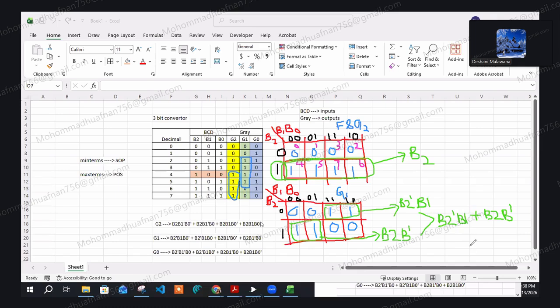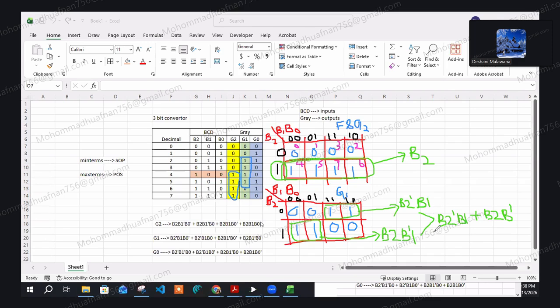Okay, one, not the dash. So B2 dash B1 plus B2 B1 dash. Now is it fine? Yes, that's the correct answer.